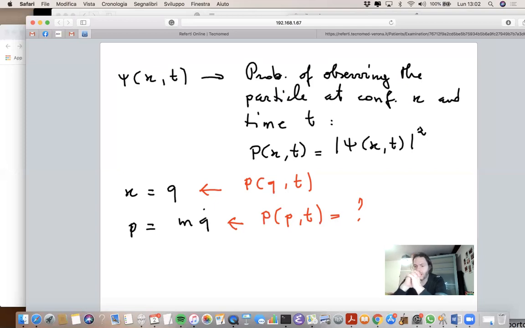However, the standard quantum mechanical formulation treats momentum and position separately. What do I mean by that? I mean that you have a wave function that describes the probability of finding the particle at a particular position.